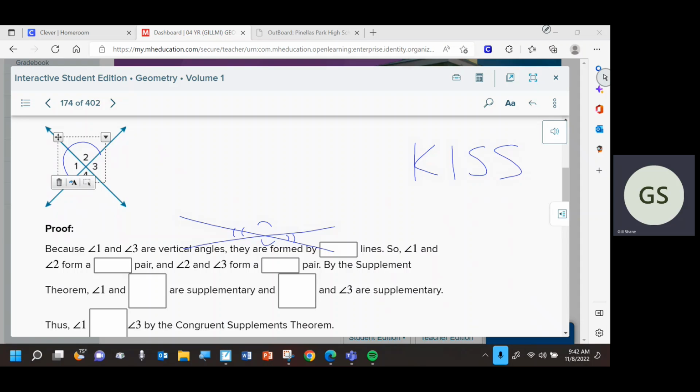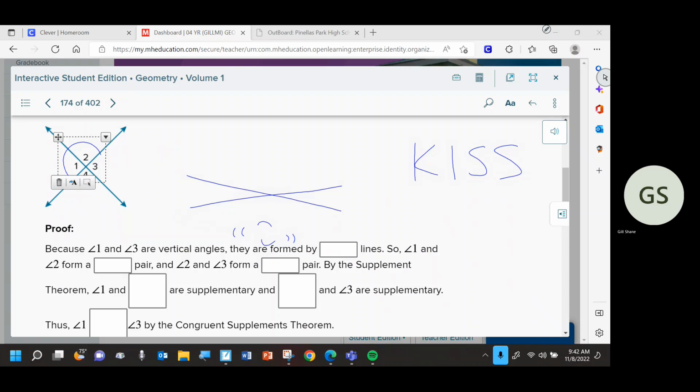If they are collinear, that... Ah, Monday. Every day is Monday.